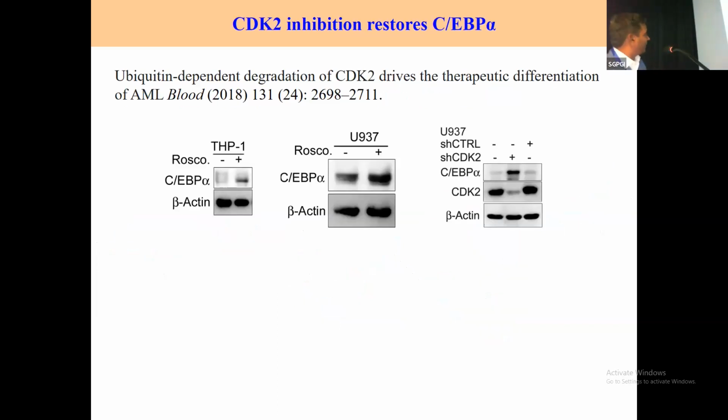In the first part, we are showing that CDK2, which is a very common cell cycle kinase. One paper showed that during differentiation of blood cells through ATRA, a clinically used differentiation therapy in AML, there is degradation of CDK2.